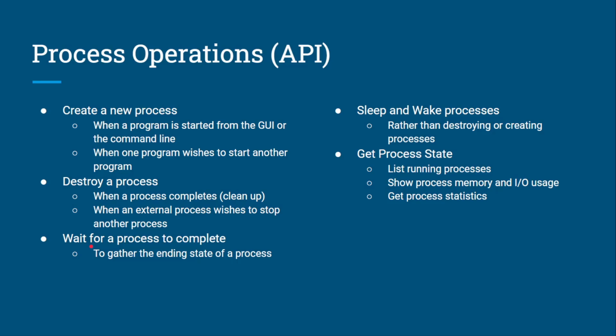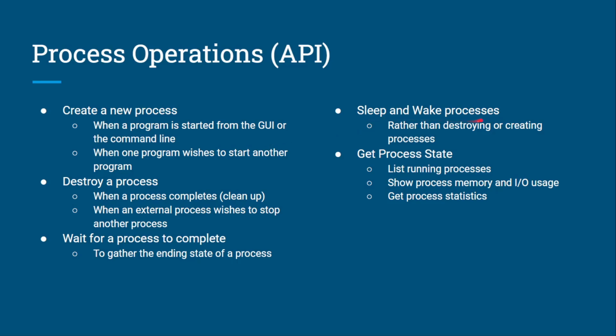That status is stored in kernel memory until another process cleans up after it. There's an API that is used to wait for a process to terminate, or wait for a process to complete, so that the state information of that process may be gathered and the kernel structures may be cleaned up. We will show all three of these APIs.